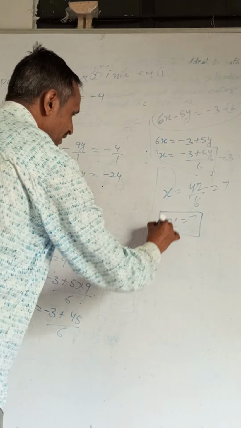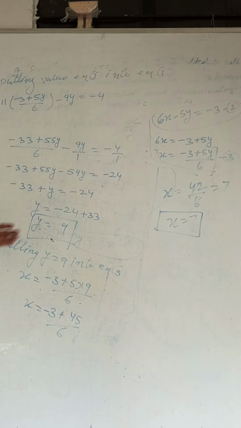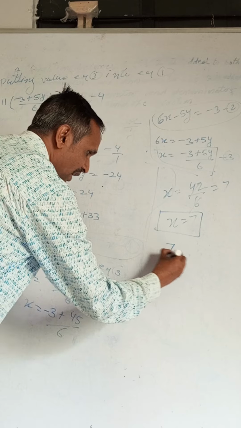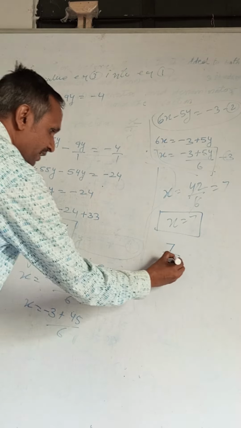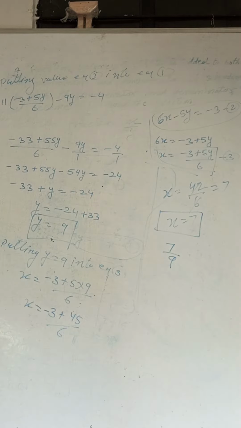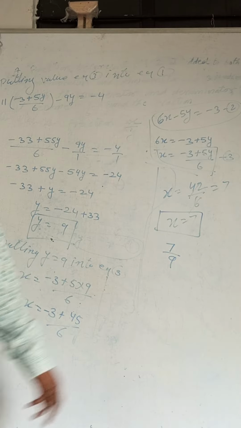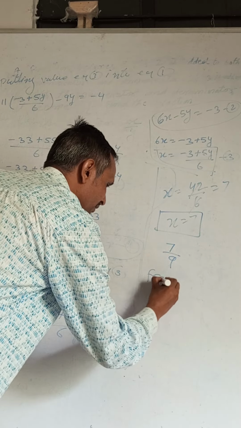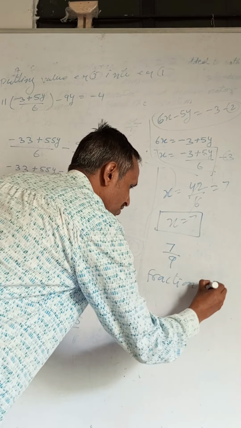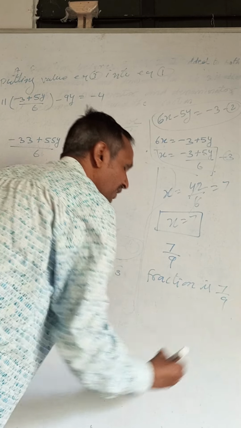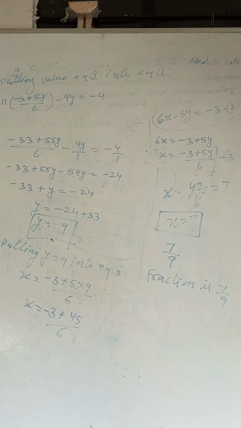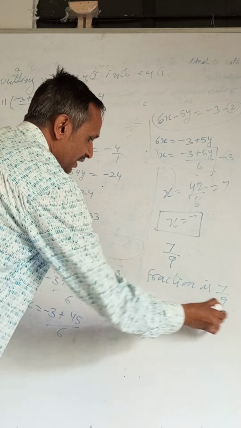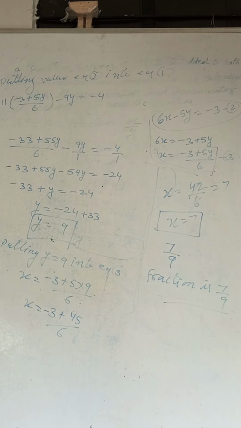So what is the fraction? We let the fraction be x by y. In place of x we write 7 and y is 9. Then the given fraction is 7 by 9. Answer. Now we learned one method, that is called the substitution method.